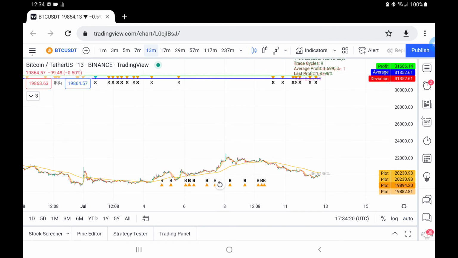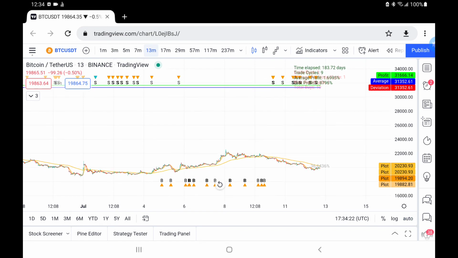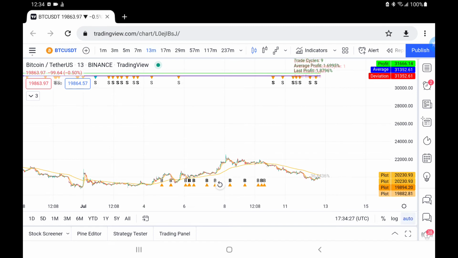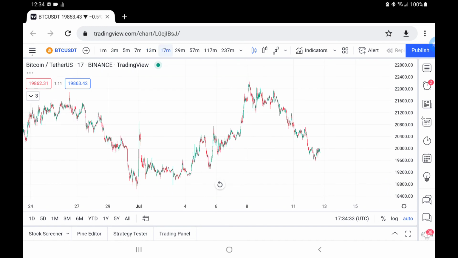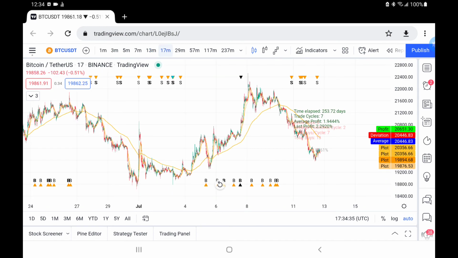Nine trade cycles. So you really begin to see that it doesn't accumulate even in higher trade cycles. If anything, it looks to be the same resiliency all the way through.